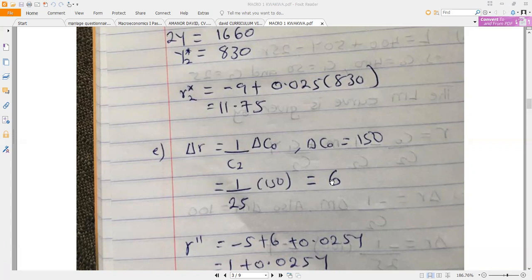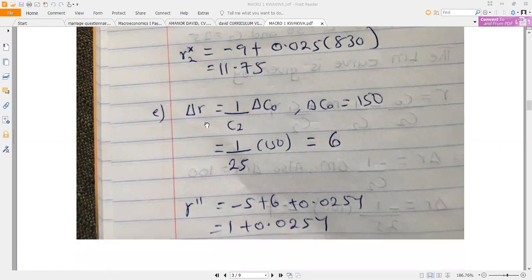Remember, whenever there's an increase in autonomous demand for money, the LM curve will shift upwards, and when that happens there is an increase in interest rate and a reduction in income level. So the change in R as a result of a 150 unit increase in the autonomous demand for money is 6.